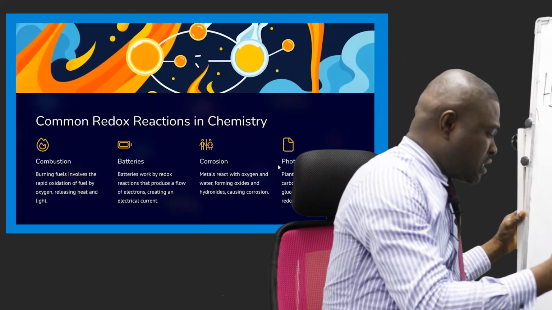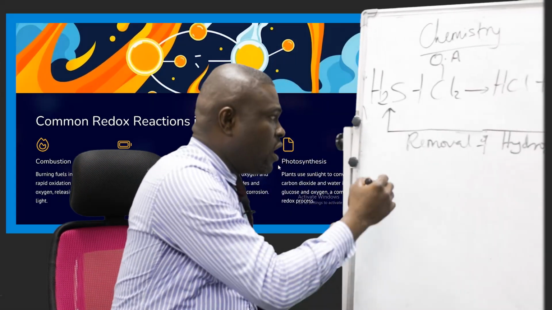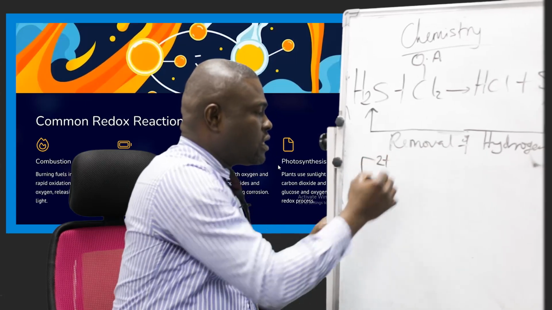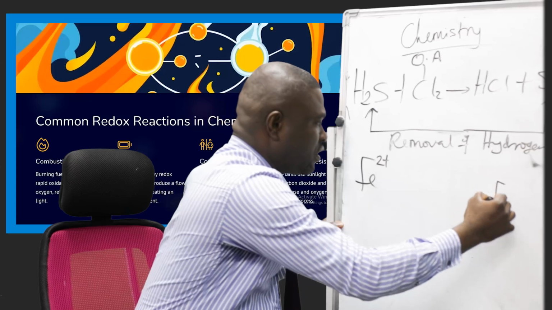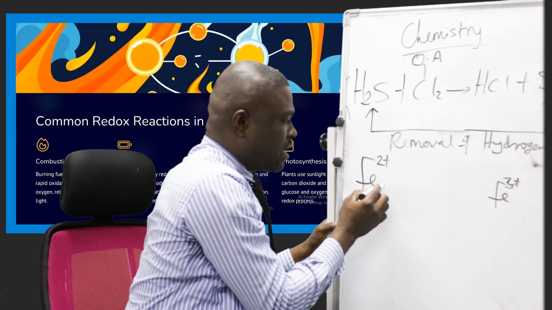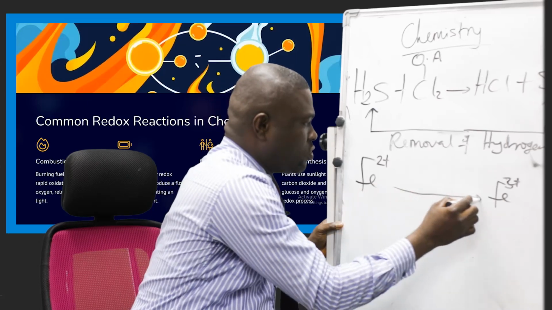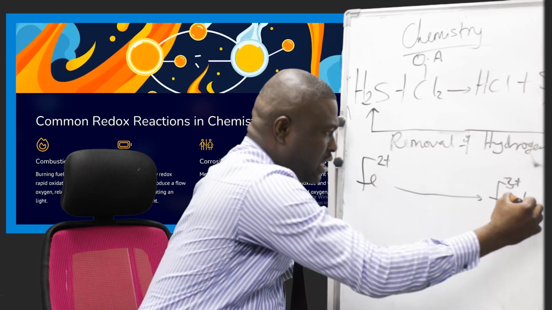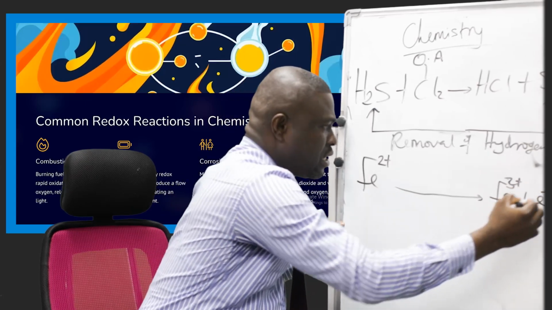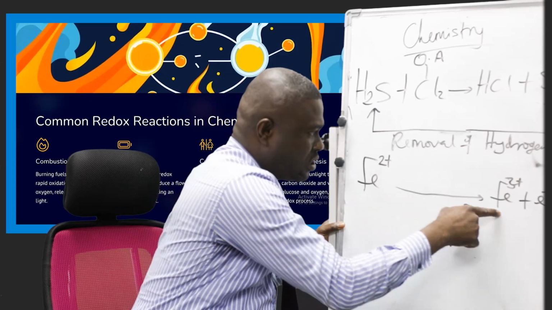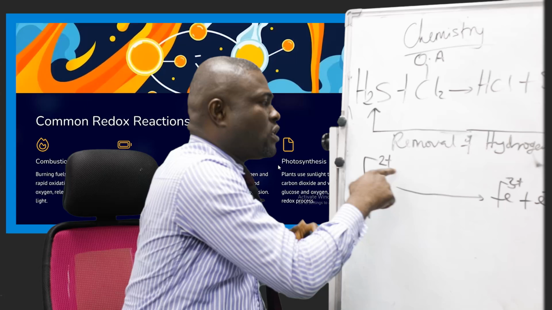I want to use the same iron(II) I used before. I have iron(II) and I have iron(III). Look at my arrow. This arrow shows that iron(II) is losing this electron I'm writing here. Have you seen it now? And what happened to the oxidation number?